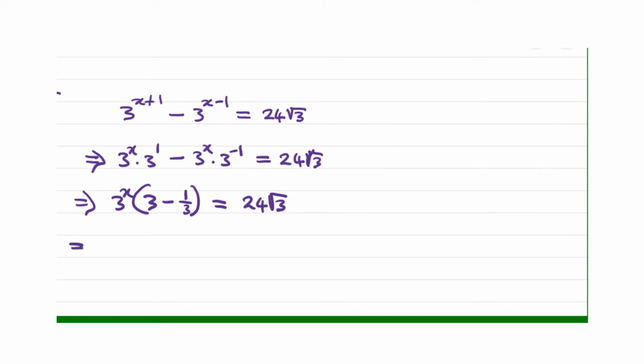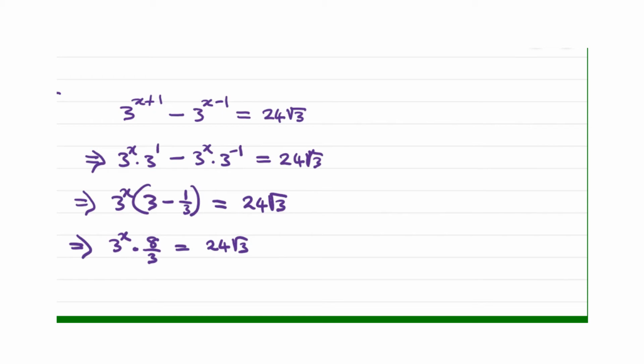Good. Which now implies that it will be 3 to the power x multiplied by, subtracting the 3 to the power 3 minus 1 over 3, it gives us 8 over 3 is equal to 24 root 3.